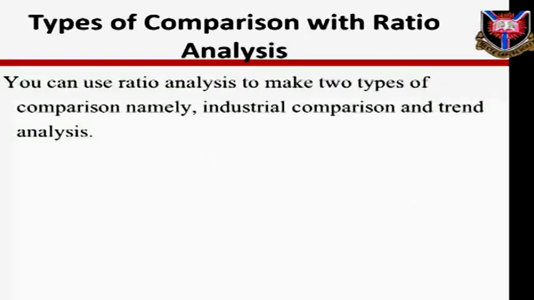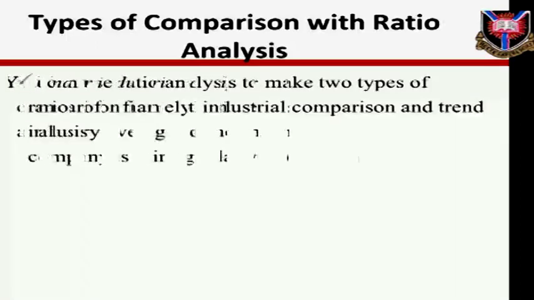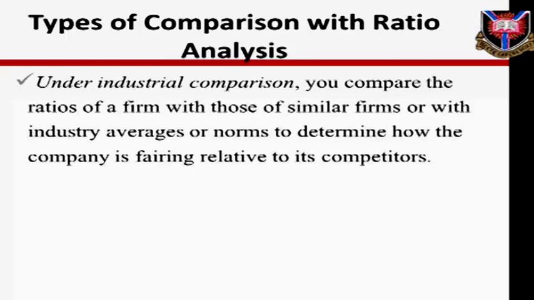Types of comparison with ratio analysis. You can use ratio analysis to make two types of comparison, namely industrial comparison and trend analysis. Under industrial comparison, you compare the ratio of a firm with those of similar firms or with the industry average or norms to determine how the company is faring relative to its competitors.